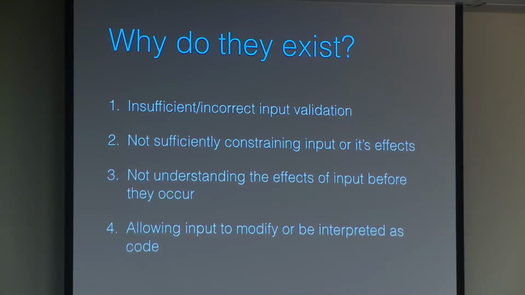And then the third is understanding the inputs, the effects of the input before they occur. And this is, like I said, super common when you work with evals, you work with programming languages that you can inject code into, like JavaScript, or a lot of dynamic languages that allow you to just take strings and say, this is code now. We also see it a lot in, like I said, deserialization.